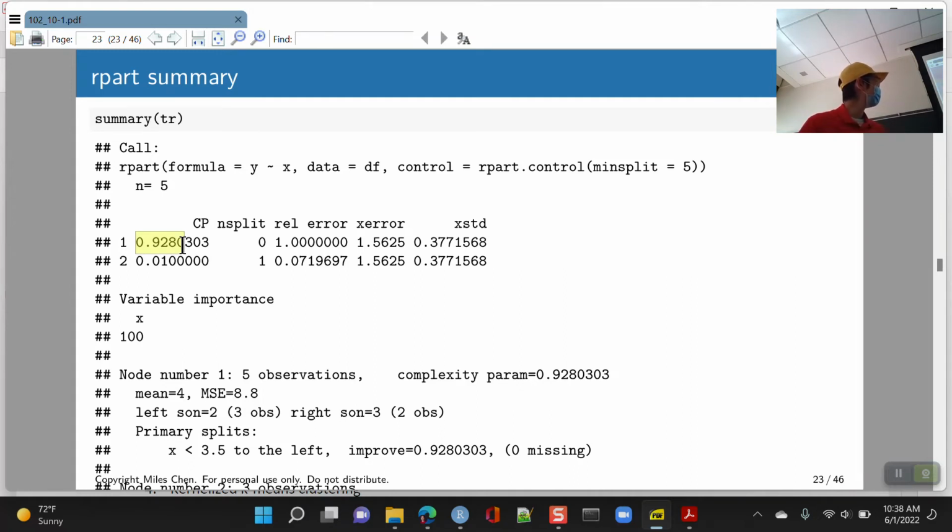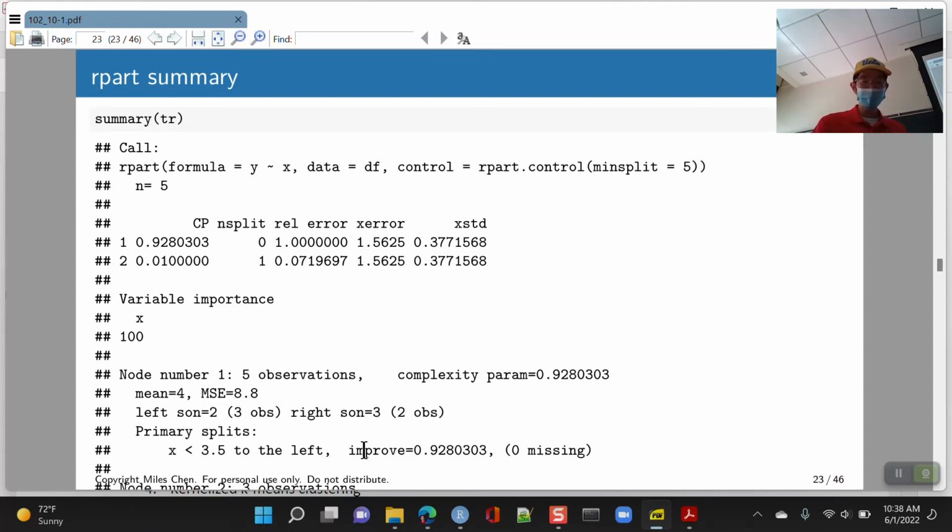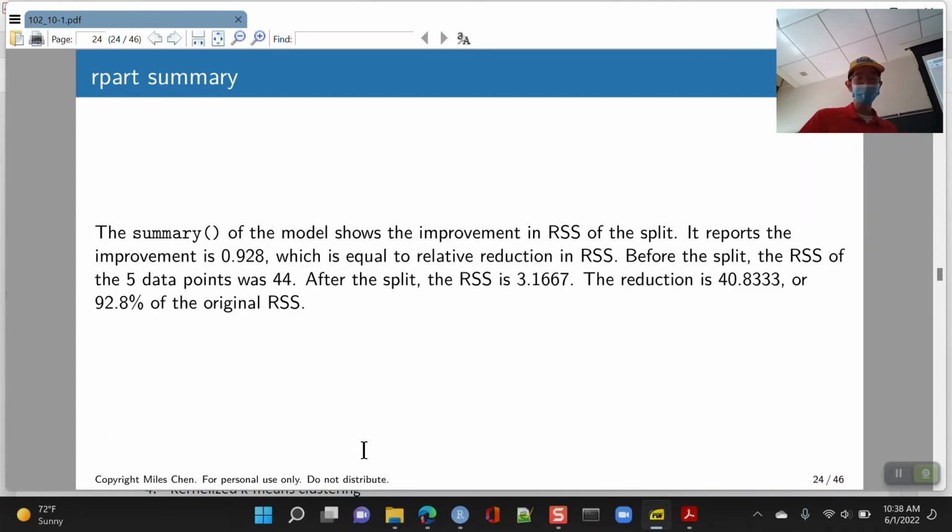There's something here called the complexity parameter, and it gives me a value of 0.928. Where do we get 0.928, or 92.8%? It says how much of the RSS was reduced at that split.